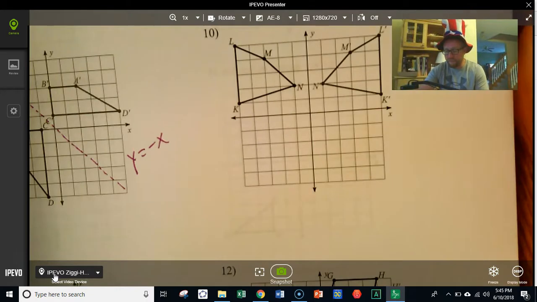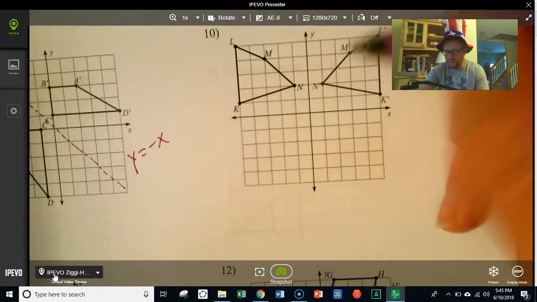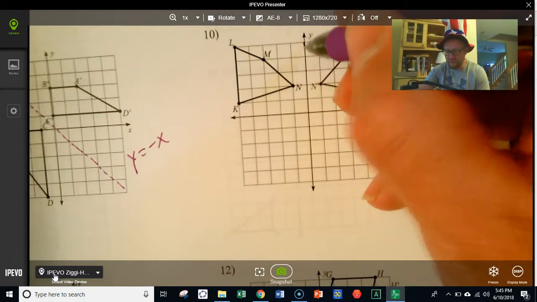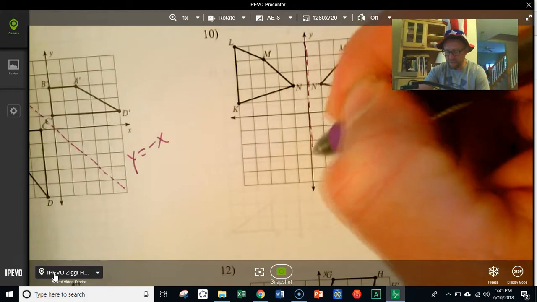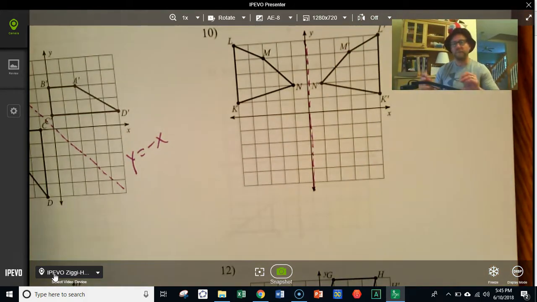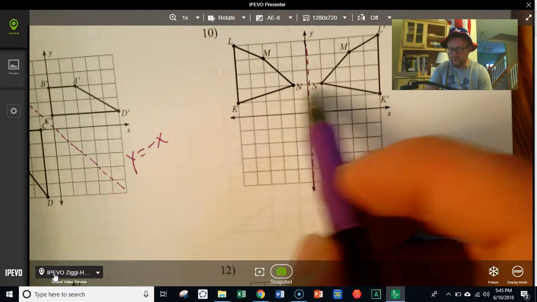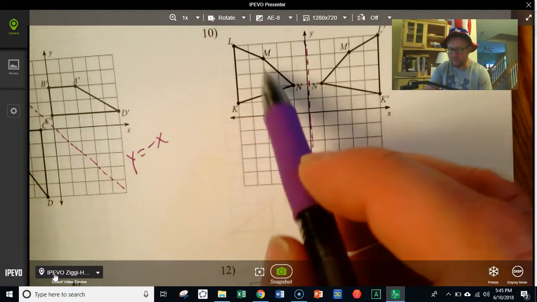Let's see here. You can see that this is clearly a horizontal reflection, and you just got to figure out what line is the same distance from every point and its image. It goes right down to the center here, n prime, n, each 1 unit away.